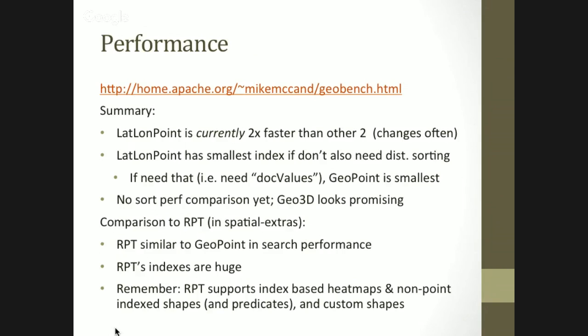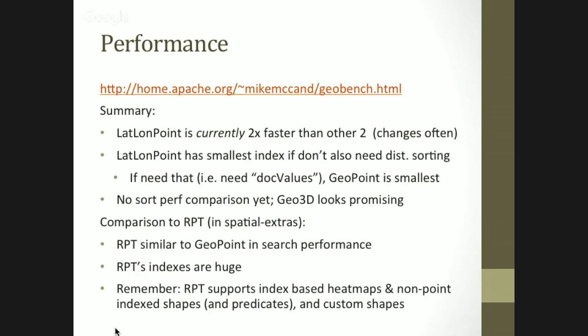In comparison to RPT, which is what Solr typically uses, RPT is huge by comparison in terms of the size of the index. For a while I was looking for benchmarks, and they're hidden. There's not one comparing RPT with it. It's hidden in some JIRA issue somewhere, and I can't find it.